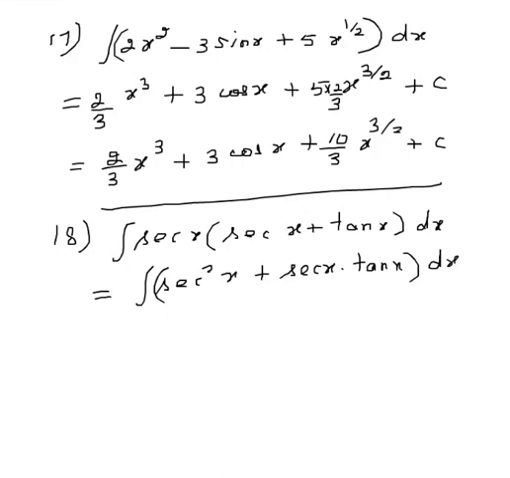We have direct formulae for both. The integral of secant square is tan x and the integral of secant x tan x is secant x, and plus the constant of integration. The main thing is you have to be thorough with all the formulae. Otherwise doing this lesson is going to be difficult.